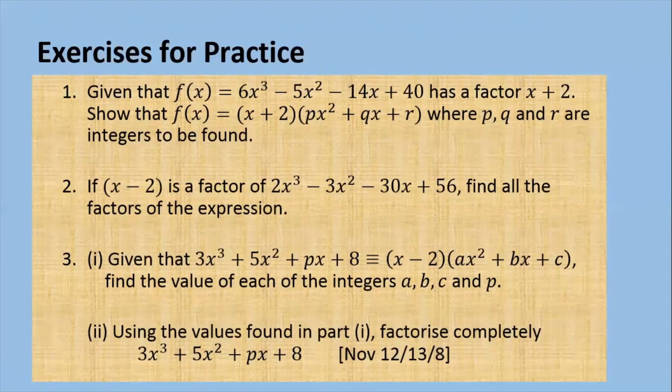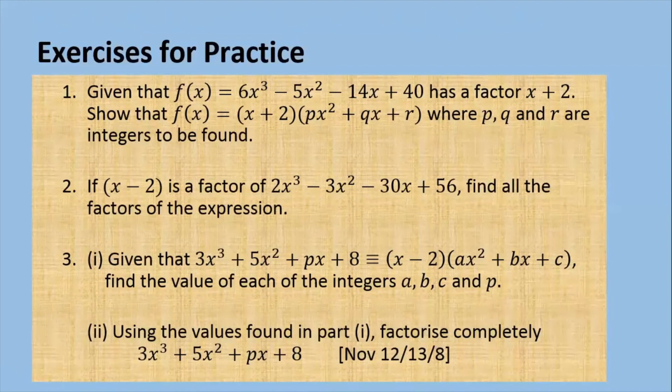Question 1. Given that f of x equals 6x cubed minus 5x squared minus 14x plus 40, it has a factor x plus 2. You need to show that f of x equals x plus 2 multiplied by the quadratic px squared plus qx plus r, where p, q, and r are integers to be found.